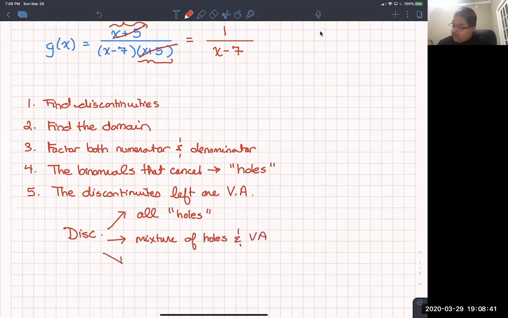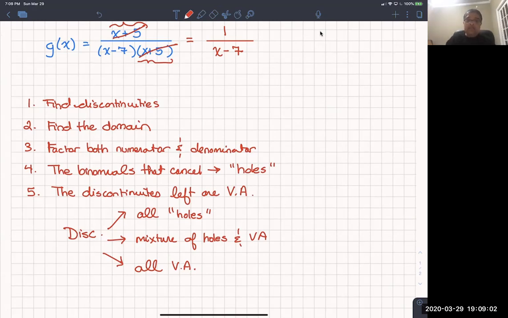Or you may have a situation where all of the discontinuities are vertical asymptotes. So don't panic when you're identifying which are holes versus which are vertical asymptotes if all of them cancel out. That means they're all holes, or they're all vertical asymptotes because none of the binomials cancel out.